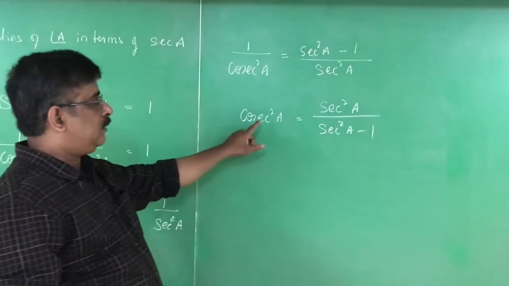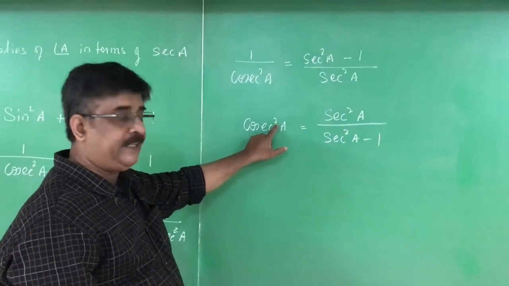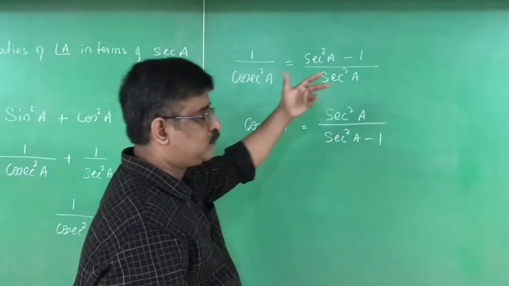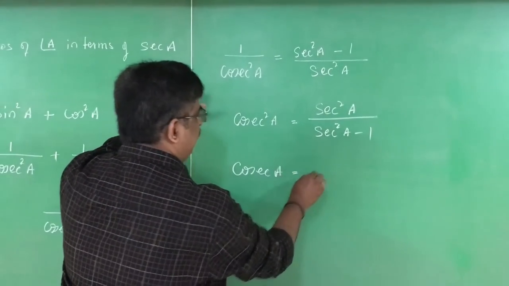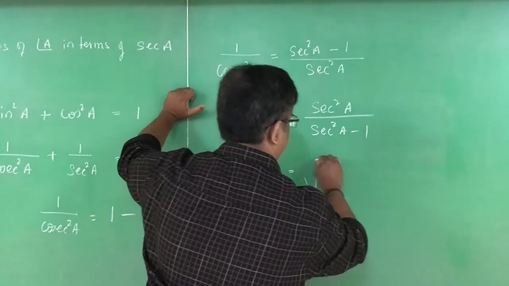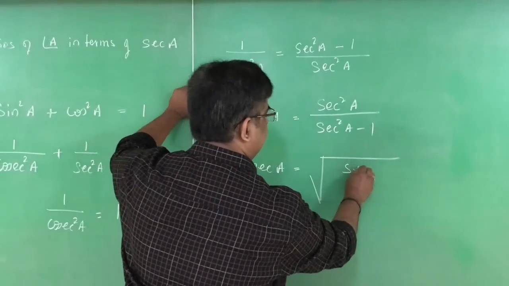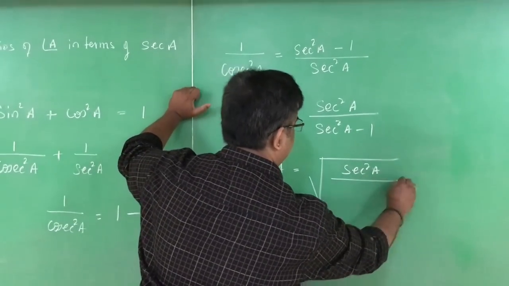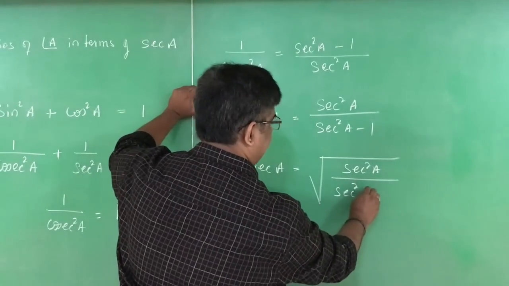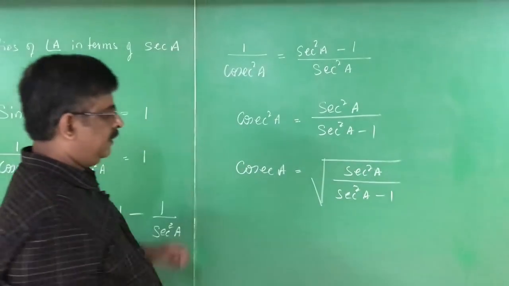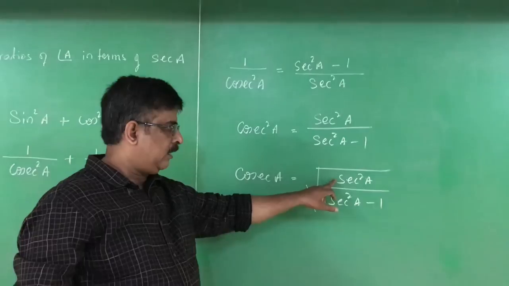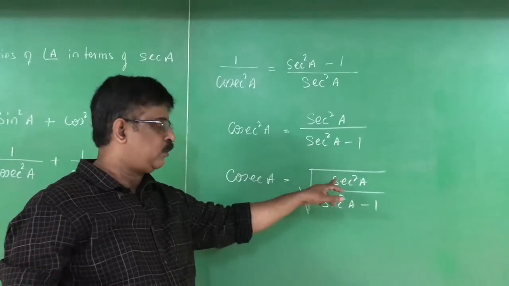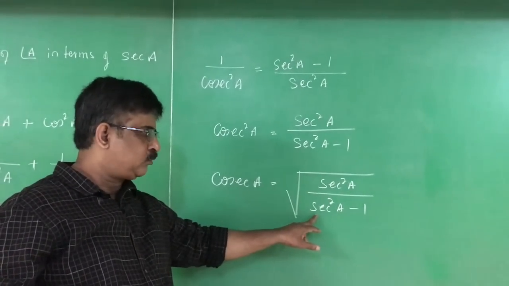But I want cosecant A, not cosecant square A. Therefore, I have to take a square root for this. Cosecant A is equal to square root of secant square A by secant square A minus 1. Then see the numerator, it is the monomial secant square A, there is a square root for this, but there is no square root for this.